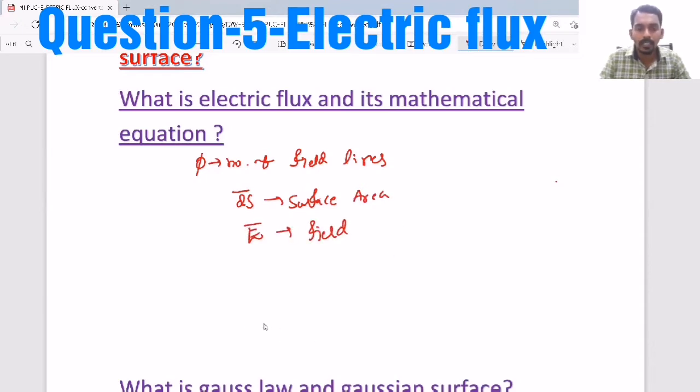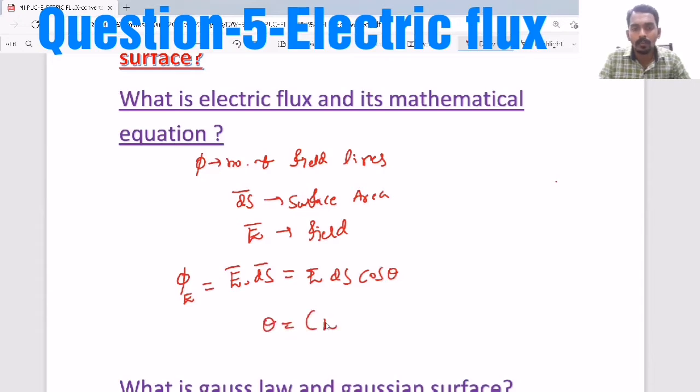Then within this field, for that surface, the electric flux is given by E bar dot ds bar, that is E ds cos theta, where theta is the angle between E bar and the normal to the surface.